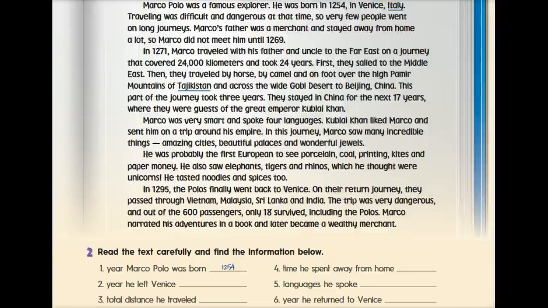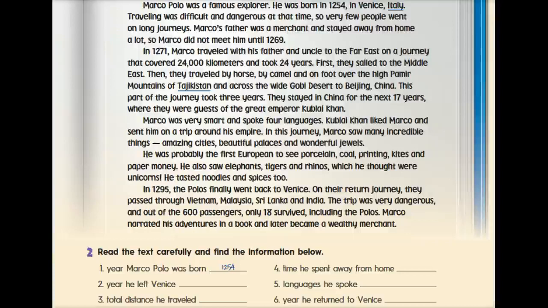Right in the third paragraph it is written: Marco was very smart and spoke 4 languages. So, 4. He spoke 4 languages. Very nice.